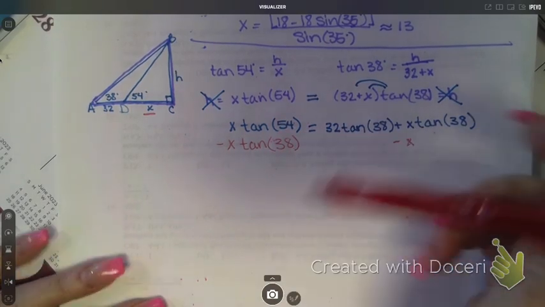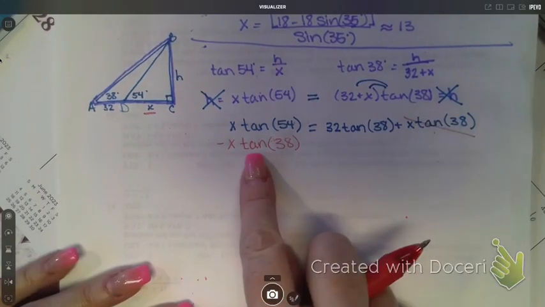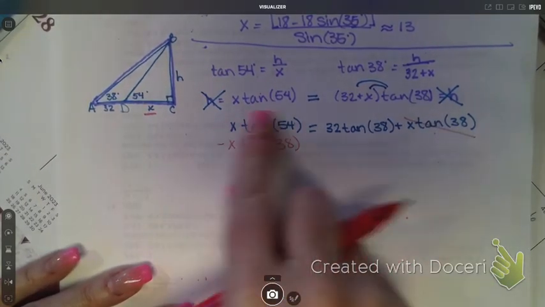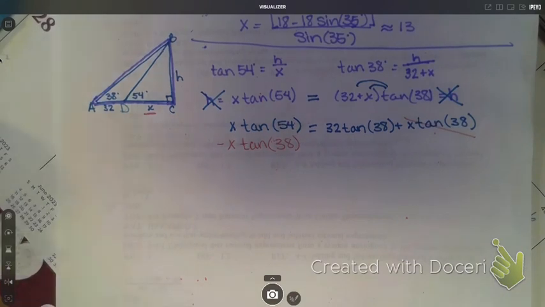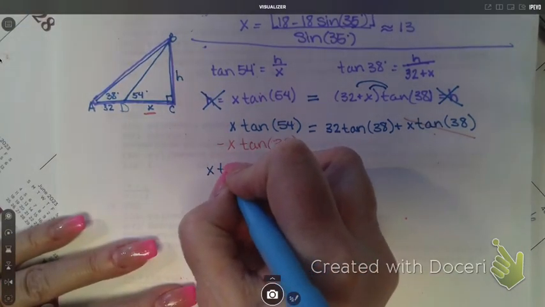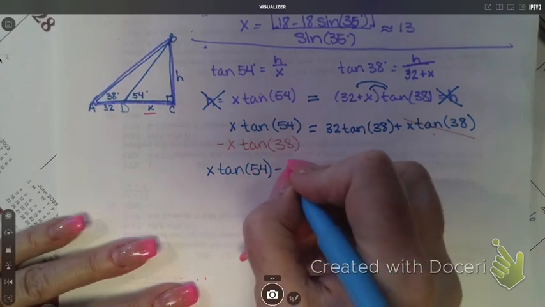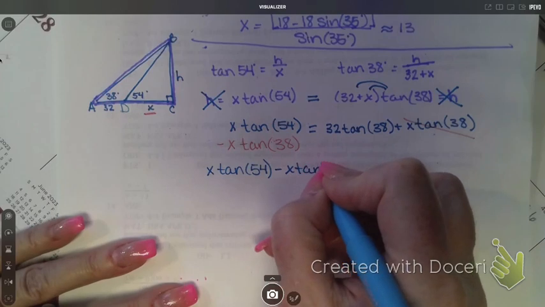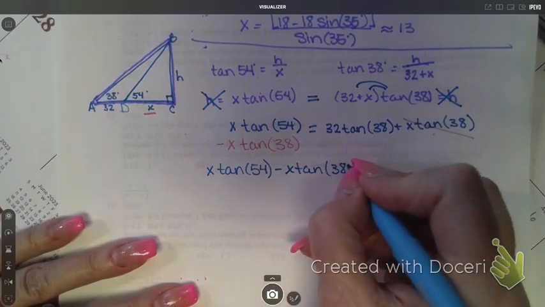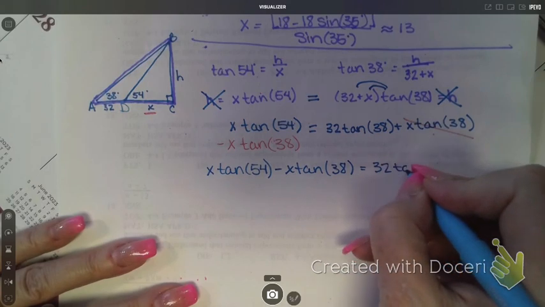Now, can I do this math? No, you cannot do it. So I just have x tangent of 54 minus x tangent of 38 equals 32 tangent of 38.